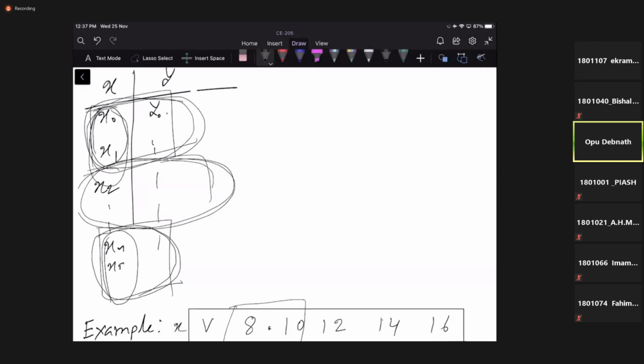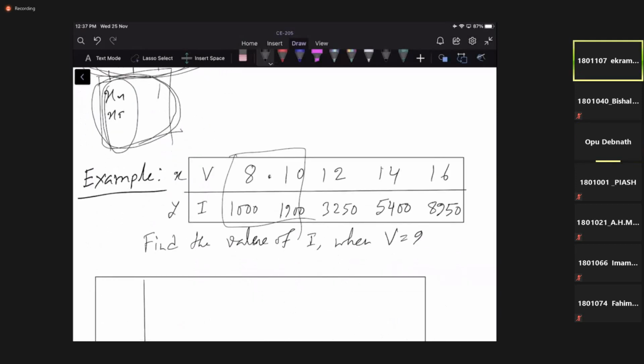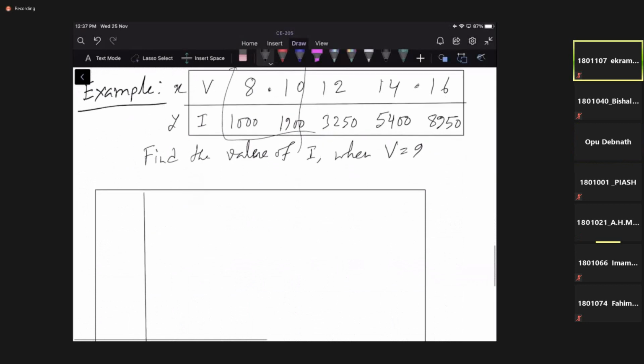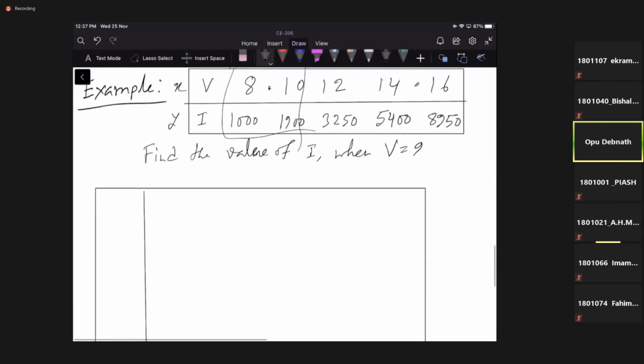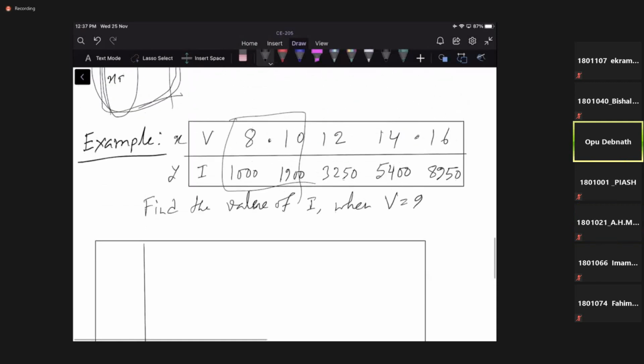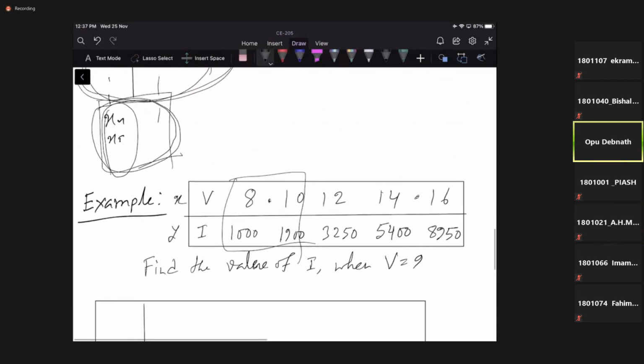If the required point is 15, you should use the backward interpolation formula. And for 11 or 13, the central zone, the central interpolation formula will come one after another.